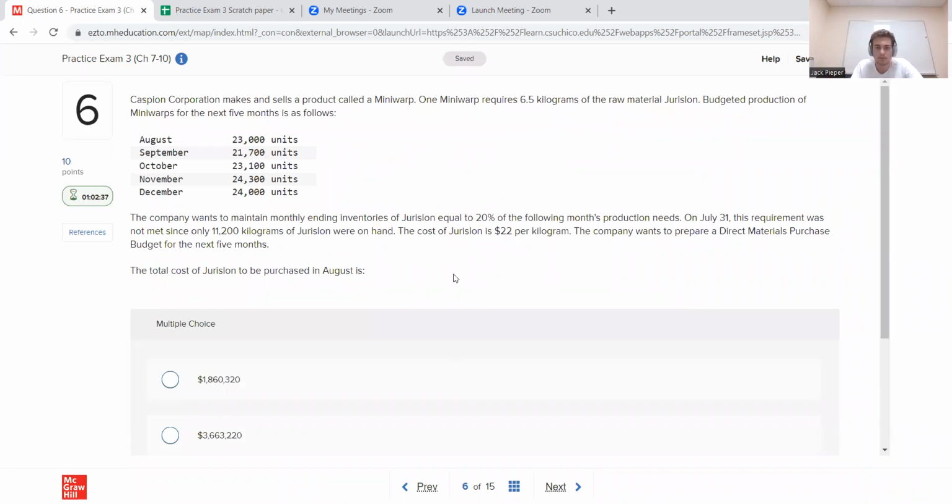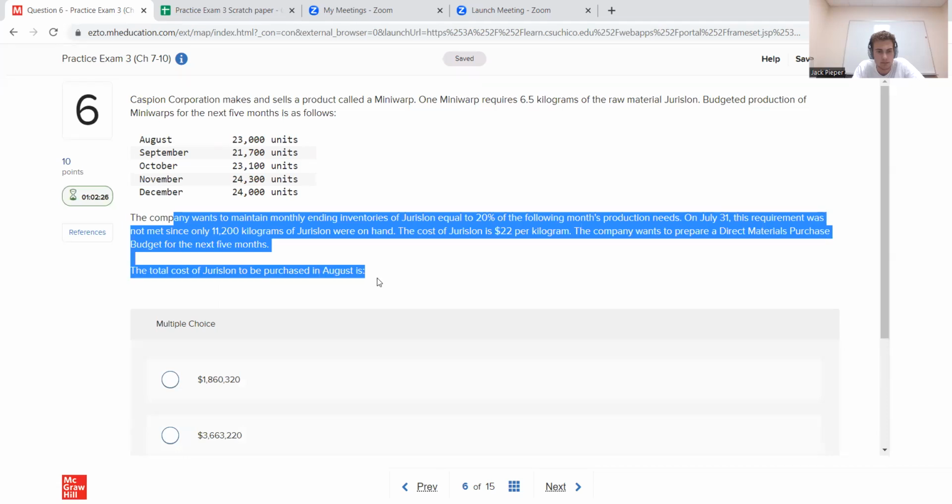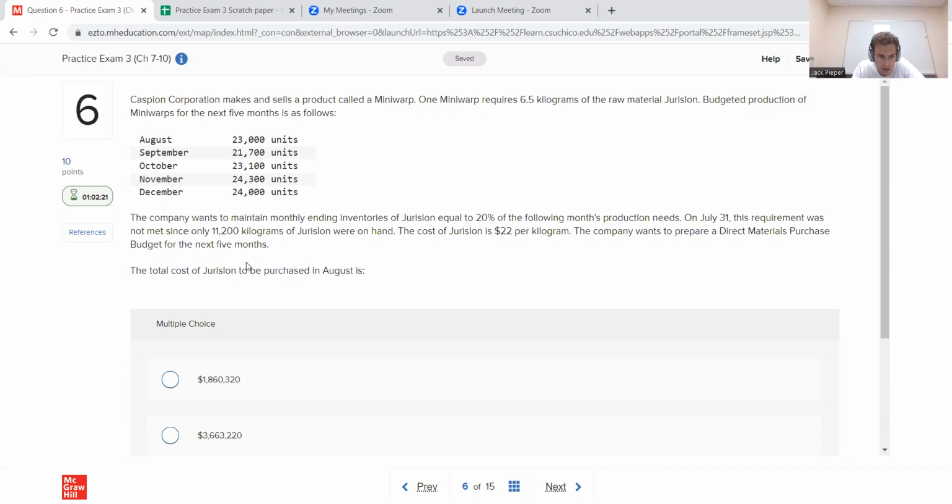All right. The total cost of materials that should be purchased in August. Okay, so we need to purchase enough in order to cover August plus 20% of September.